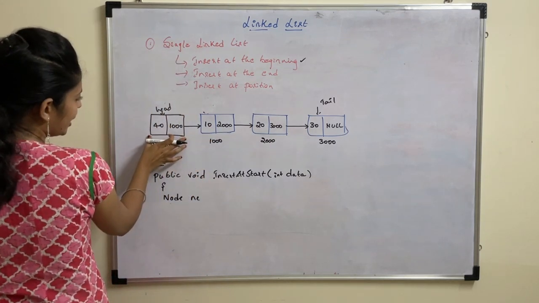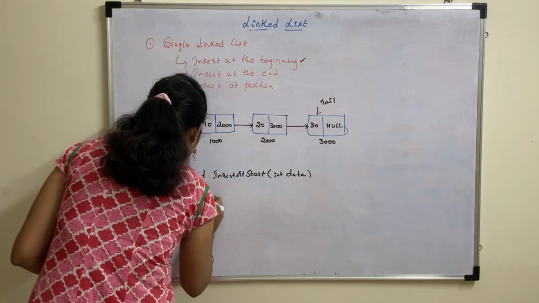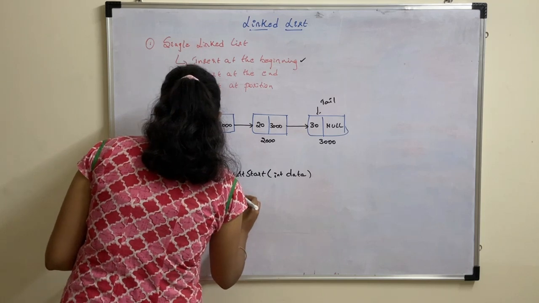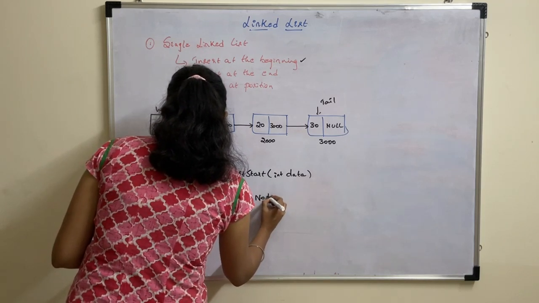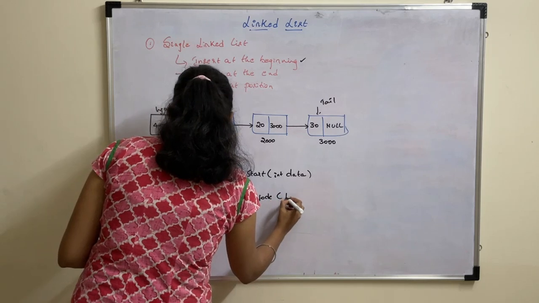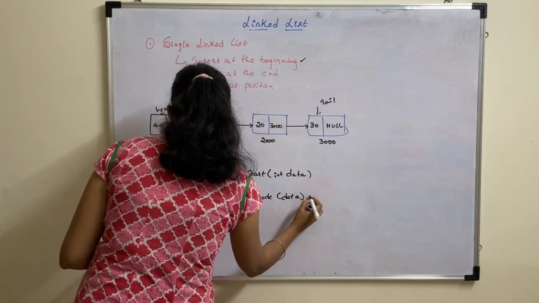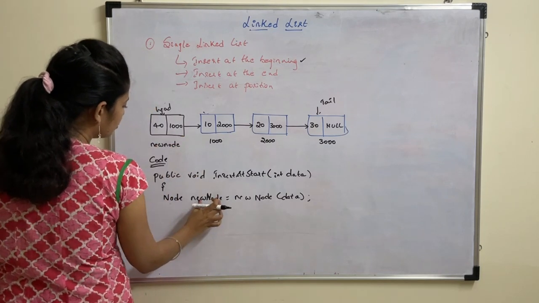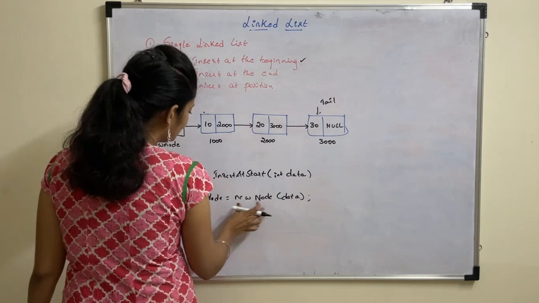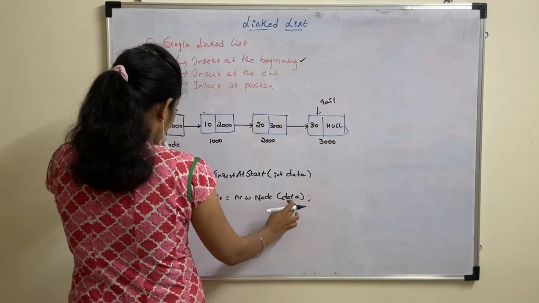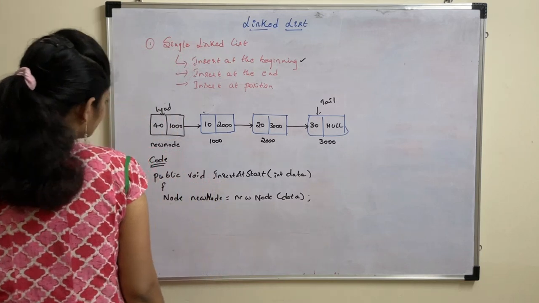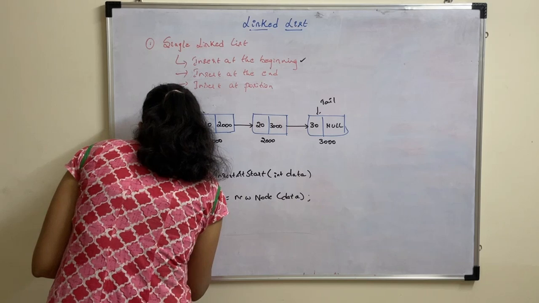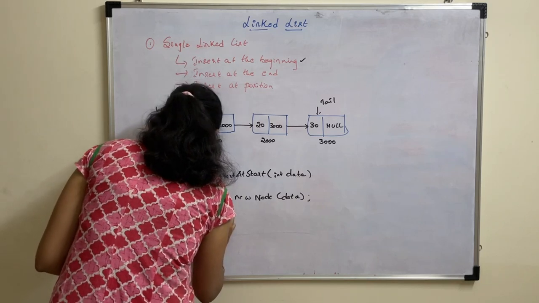So node new node equal to new node of data. Here I am creating the new node, the name of that node is new node, and allocating memory for the newly created node. And here I am passing the data. And then first you should check if head value is equal to null or not.